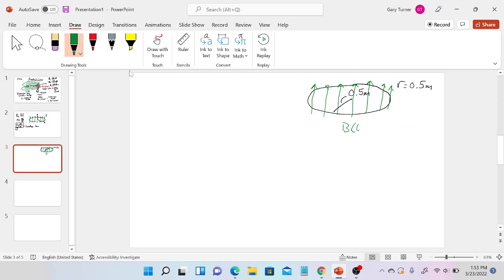So my function of time is going to be 1 Tesla times e to the negative 0.25 times time. So my negative 0.25 is going to have units of 1 over seconds. Okay. And if I want to make that a little bit clearer, I might write it like this.